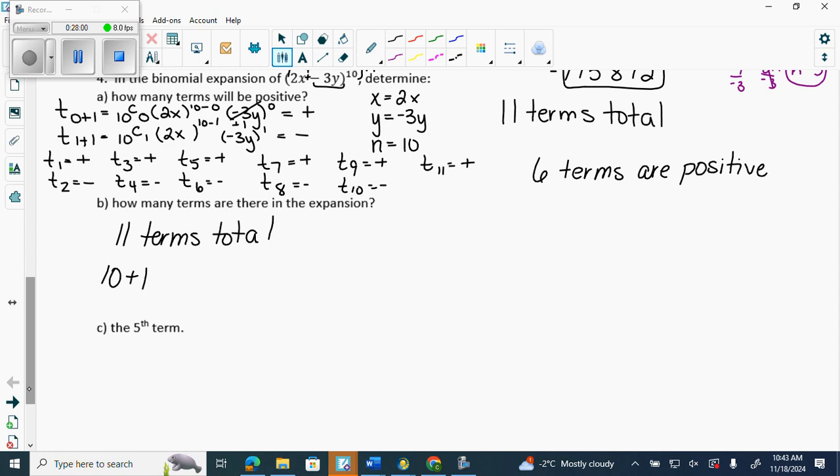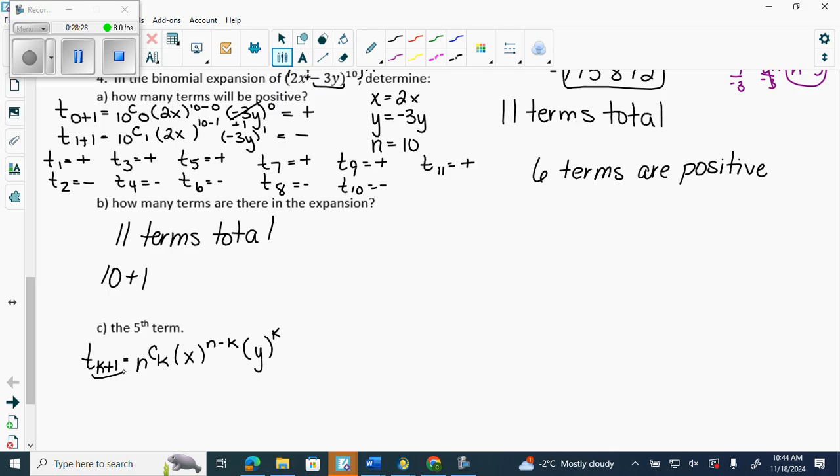And then we want T5. So it's t sub k plus 1 equals nCk, x to the n minus k, y to the k. If I want term 5, k has to be 4, because 4 plus 1 is 5.